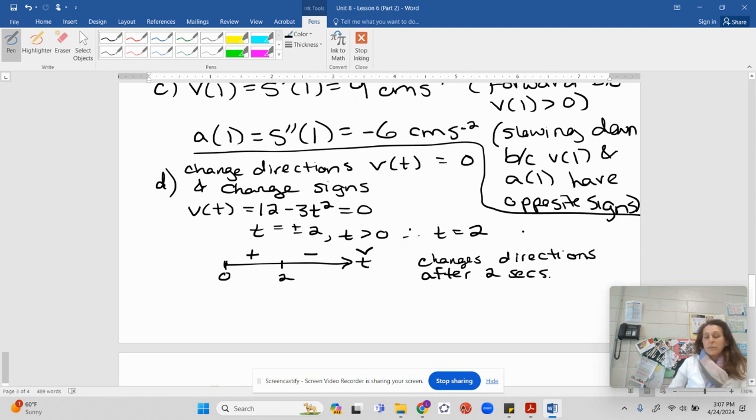To see where it is, we would find the position at 2. If you substitute 2 into the position function, you'll see that it's 17. So it is 17 centimeters to the right of the origin.